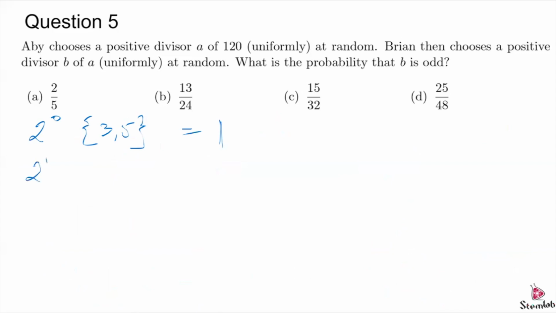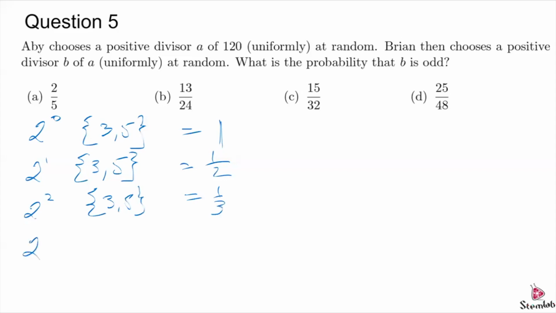If it's of the form 2 to the 1 and combinations of 3s and 5s, it's 1/2. If it's 2 squared and some combination of 3 and 5, it's 1/3. 2 to the third, or 2 cubed, and some combination of 3 and 5, it's 1/4. Well, now the question is, what's the probability of ending up in these cases? These are the only cases.